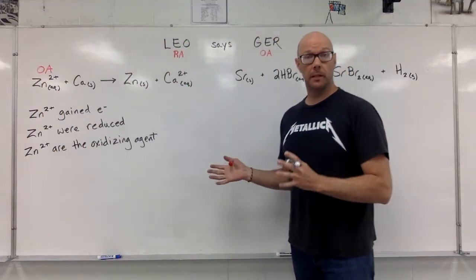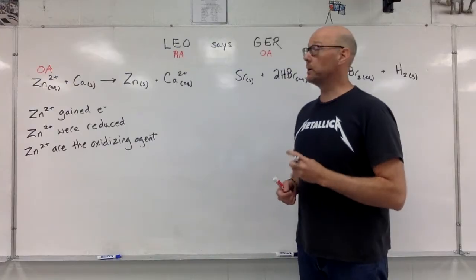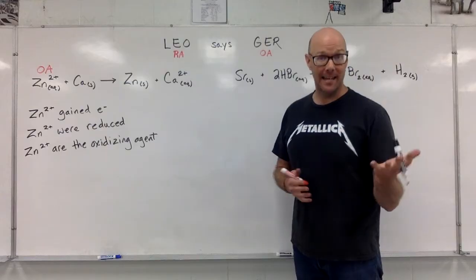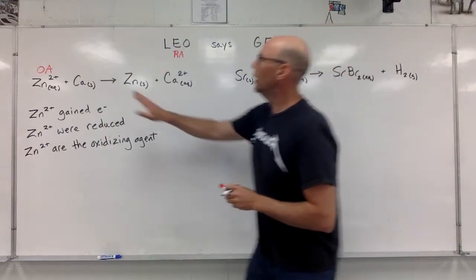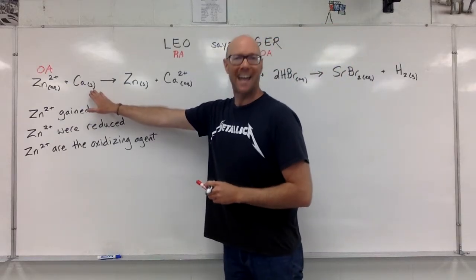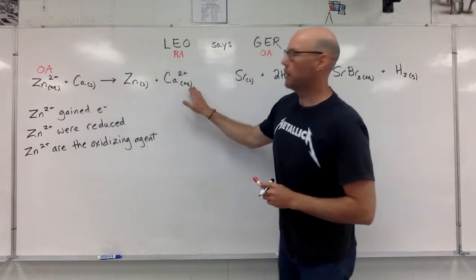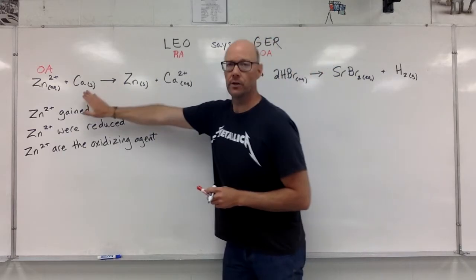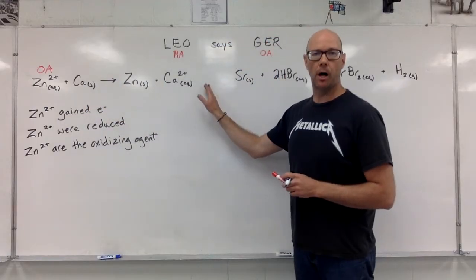By a process of elimination, all the opposite things must have been happening with the calcium. However, we can reflect in detail about it. We have these neutral calcium atoms becoming positively charged calcium ions. It was neutral, became positive.